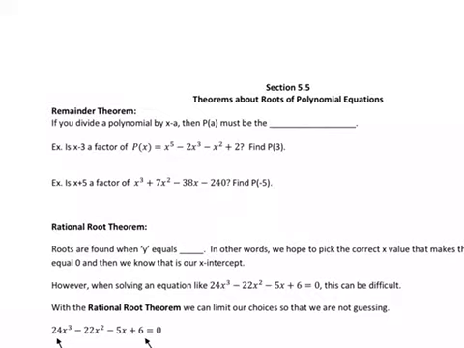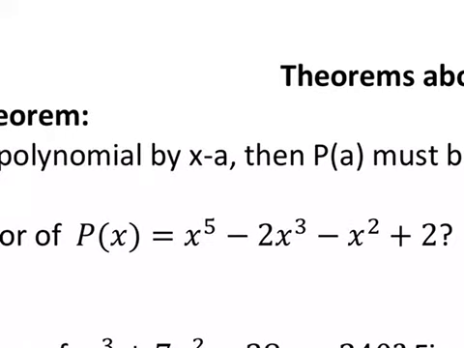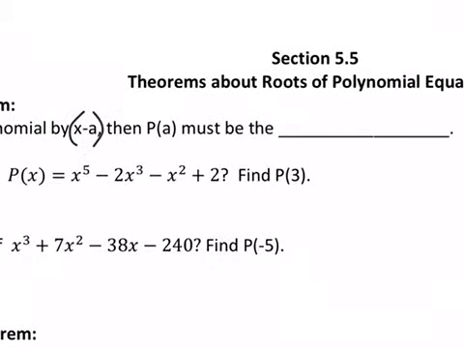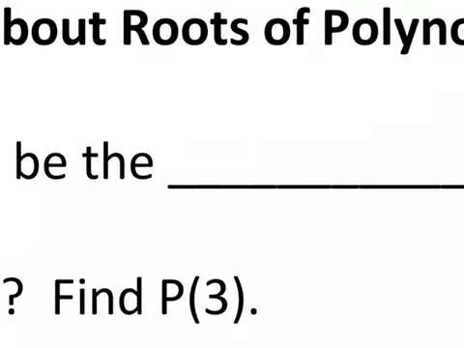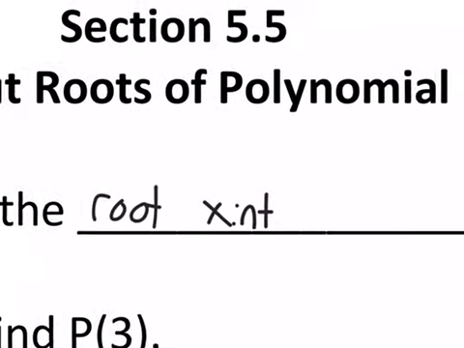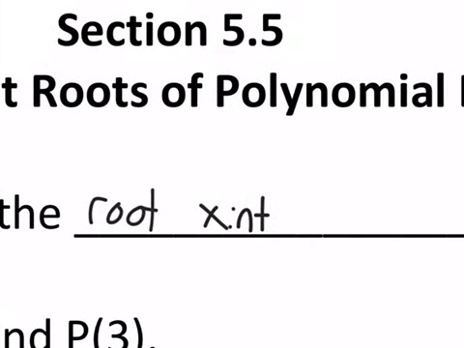All right, so here it says if you divide a polynomial by x minus a, which we typically see in parenthesis groupings like that, then we're looking for where a is. We call it the root sometimes, other times the x-intercept, sometimes a solution, and sometimes a zero.